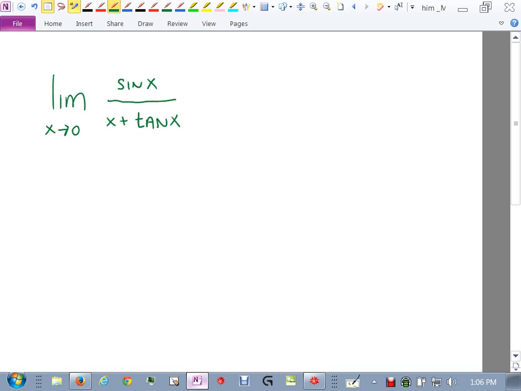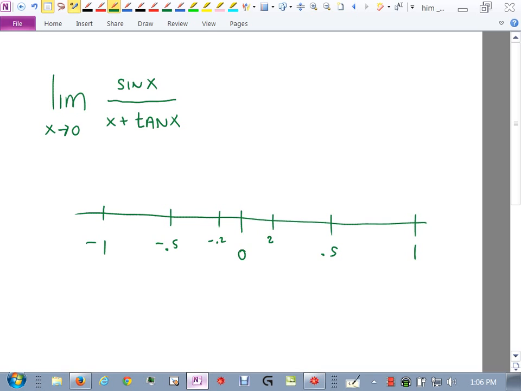Because you're approaching 0, right? So if you look at a number line, here's 0. They ask you to plug in plus or minus 1. So here's -1, here's +1, right? Then they say plus or minus 0.5. So that's here and here. Then 0.2. So here and here.